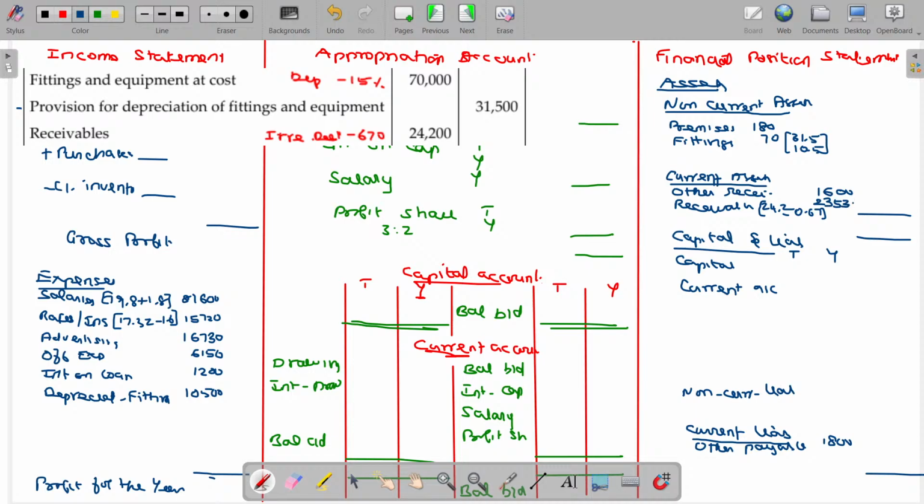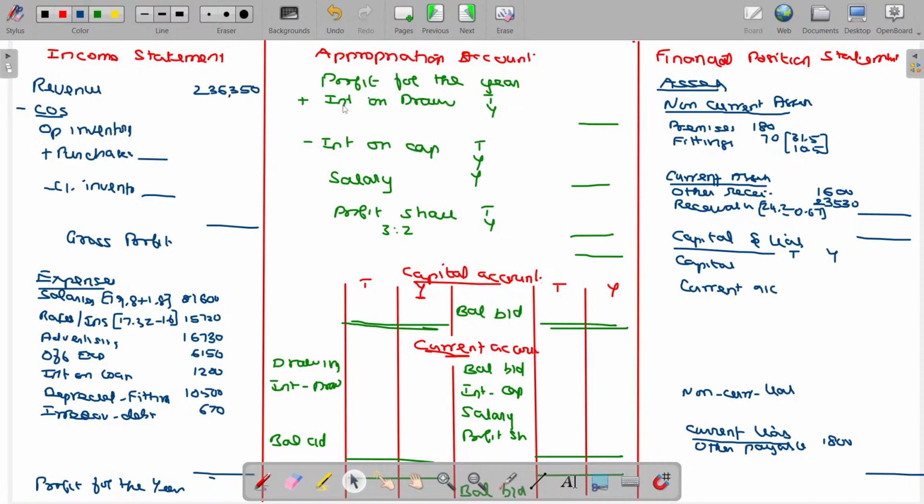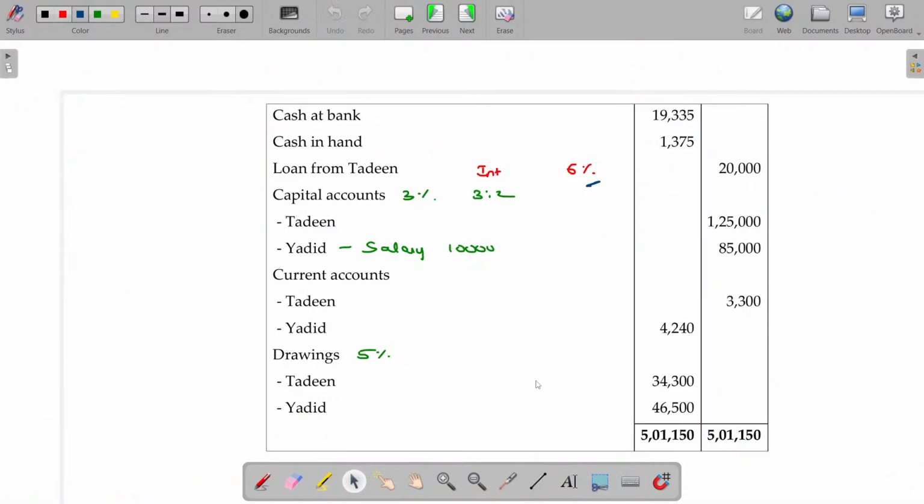And that irrecoverable debt, not only subtracted from here, as it is an adjustment item, should be posted again here as well, as it's an expense. Irrecoverable debt 670. So you have posted all these items here. Then this one, I'll pick from here to here.